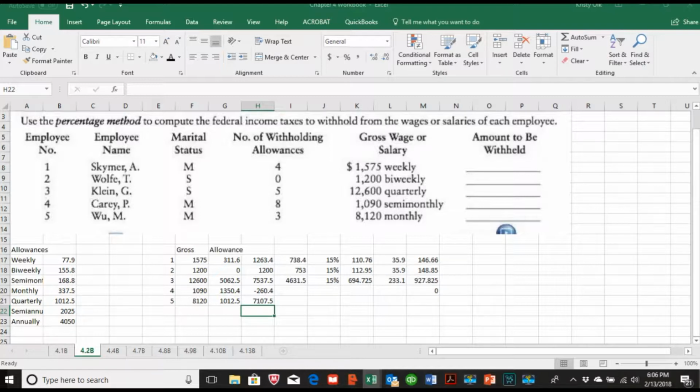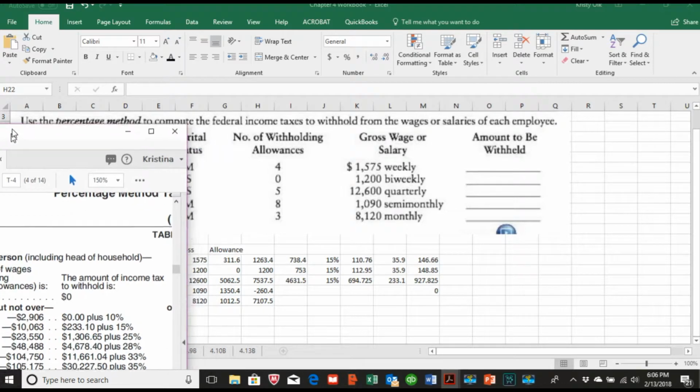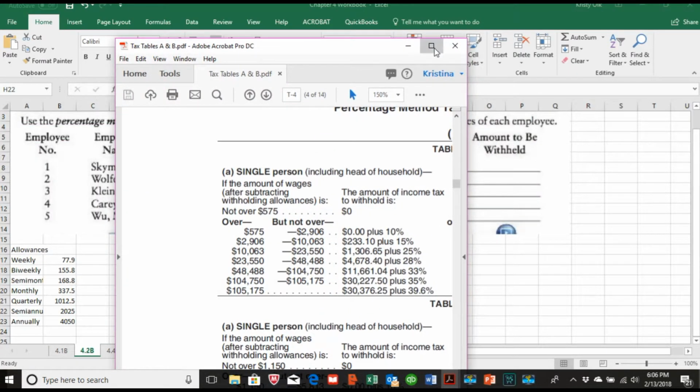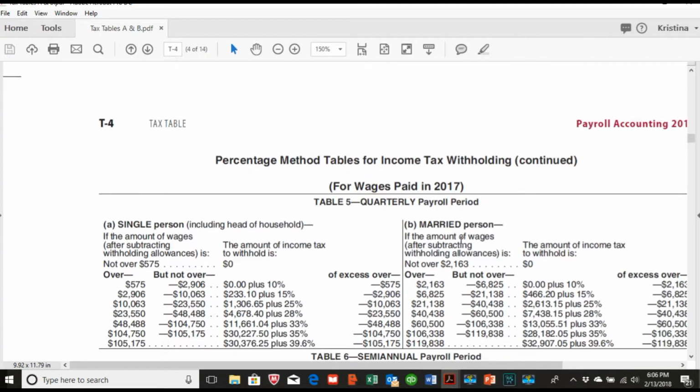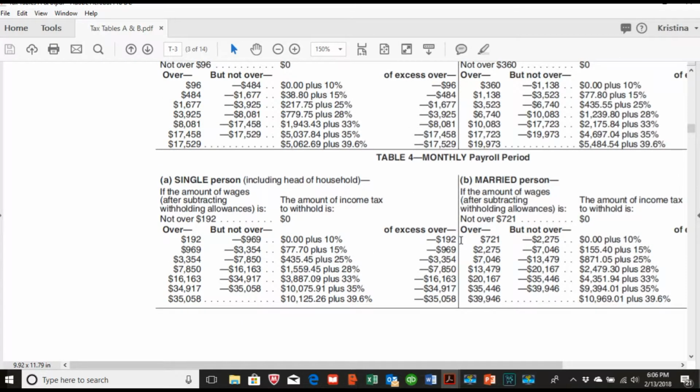And we're going to pull up the nifty-difty tax tables. And let's remember he's married, and this is monthly. So let's go back to monthly. Monthly pay period, married. We're looking for $7,107.50.